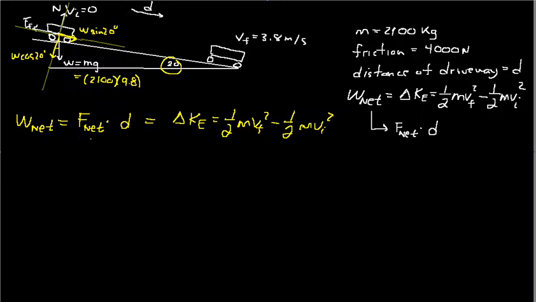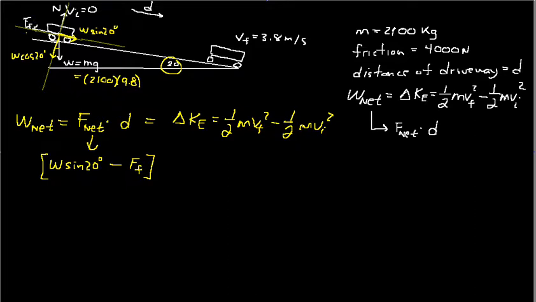So the net force is going to be this W sine 20 minus the force of friction. You see that the net force, which is the total or resultant force, is going to be this guy minus the friction, because it's like a tug of war here. This one's pulling with a certain amount of force, and friction's pulling upward.